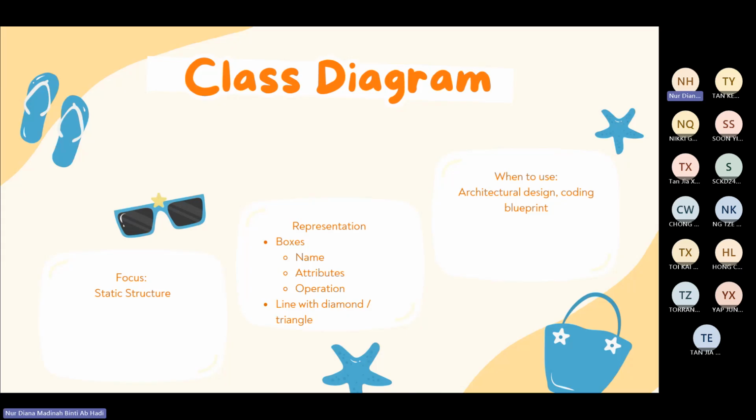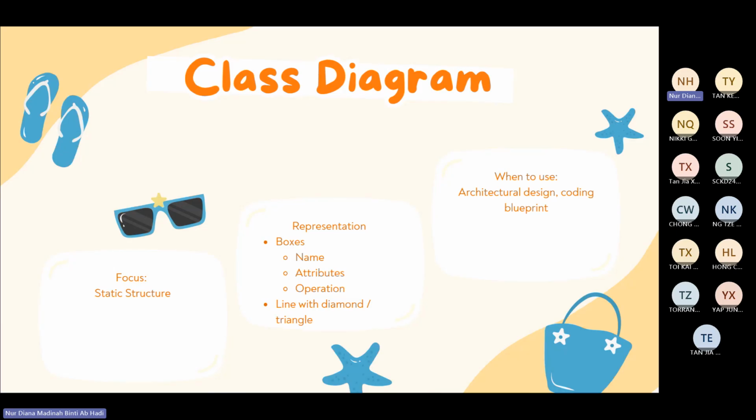Then each of those will be represented inside a box split into 3 parts: name, attributes, and operation, or we say function or methods. And then to link one box with another, we use arrows.